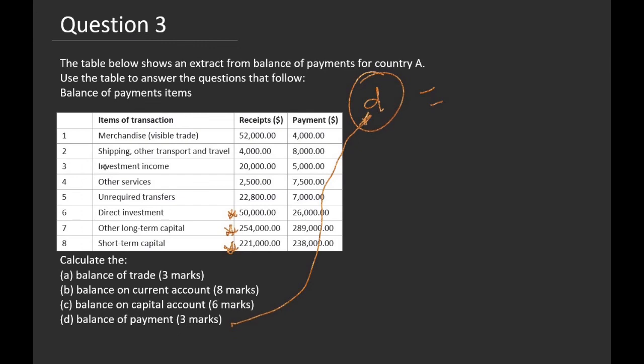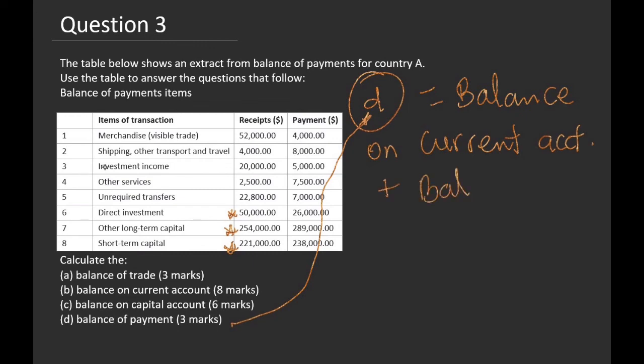Balance of payment is equal to balance on current account plus balance on capital account. Let me write it: balance on current account plus balance on capital account. Now this will give you balance of payment.